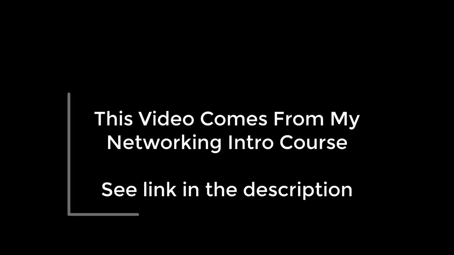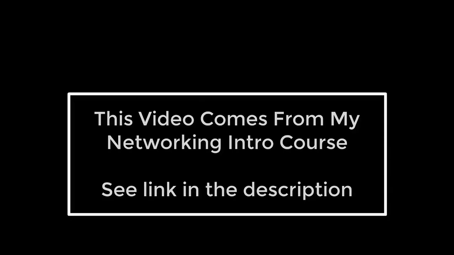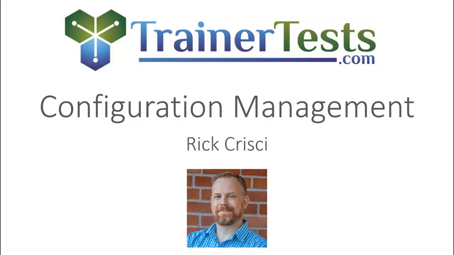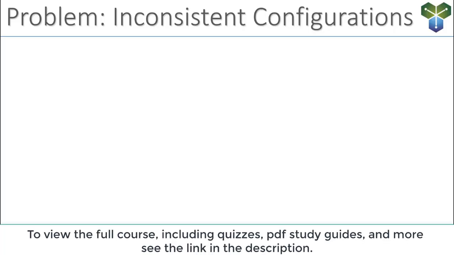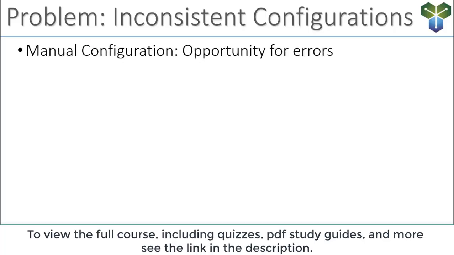In this video, we'll learn about configuration management tools and how they can protect us against human error and inconsistent configurations. And that's the main problem we're trying to solve here. So anytime you have a human being manually configuring a network device, you are creating the opportunity for errors to occur.